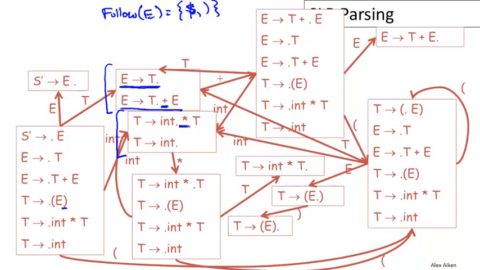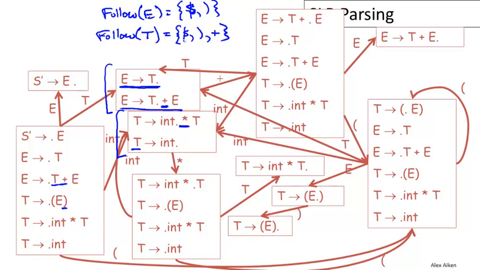The situation is similarly improved for the other state. So here we're going to shift if there's a times in the input, and we're going to reduce if the input is in the follow of t. And what is the follow of t? Well, recall we computed this again a long time ago, and I just happen to know what it is. And so I'll just tell you, it included everything in the follow of E. So $ and closed paren are in the follow of t, but also plus is in the follow of t because of this usage over here in the grammar where plus appears immediately after t.